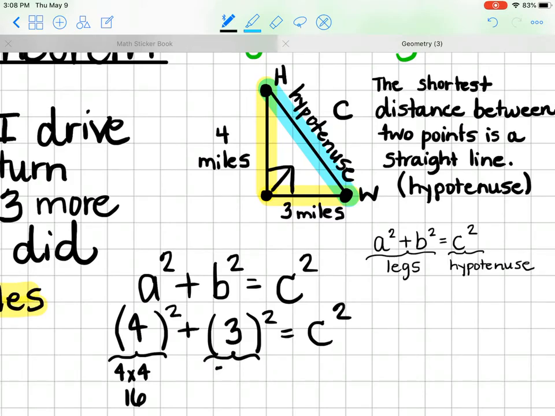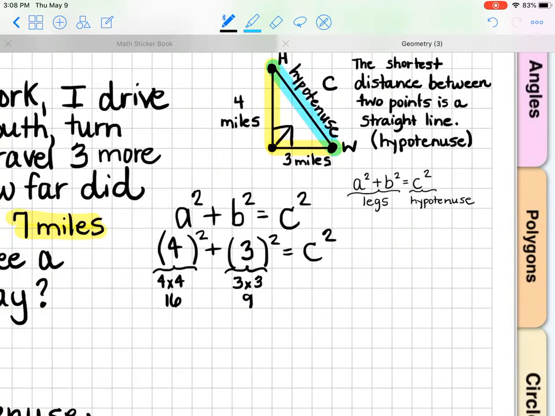And 3 times 3 is 9. And we're supposed to add those to get c squared. So 16 plus 9, that's 25, equals c squared.